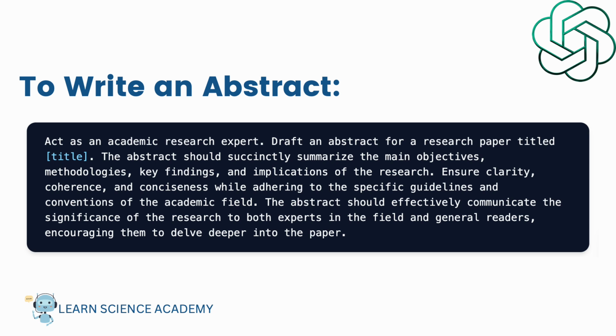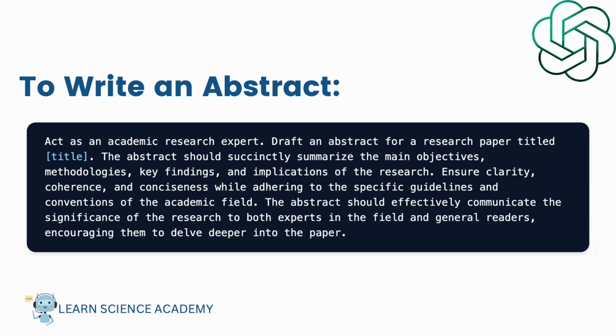ChatGPT here helps the researchers distill the main points of their research work into a clear and compelling summary. It provides prompts and suggestions to ensure that the abstract includes essential elements such as the research objectives, methodologies, key findings, and also the conclusion.